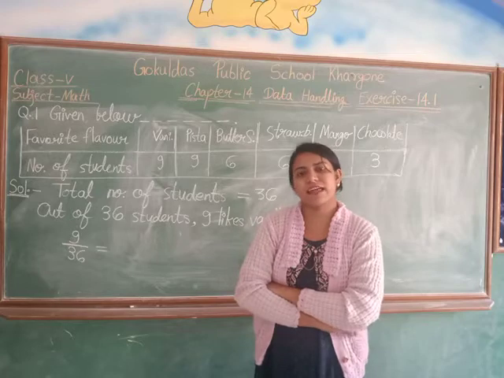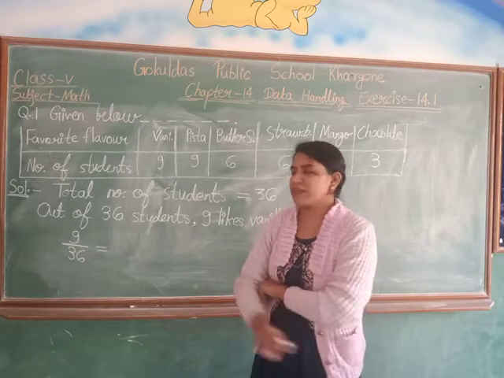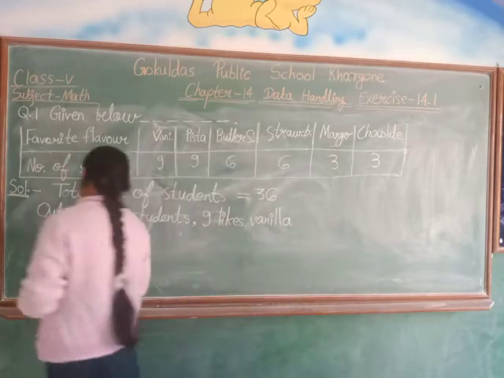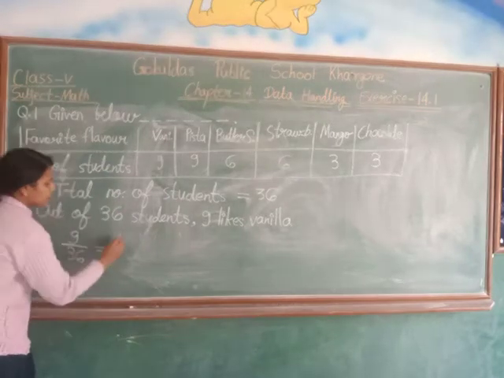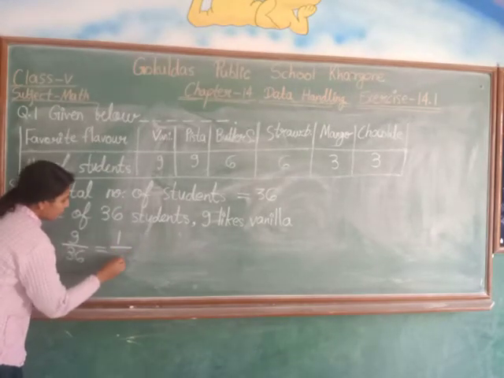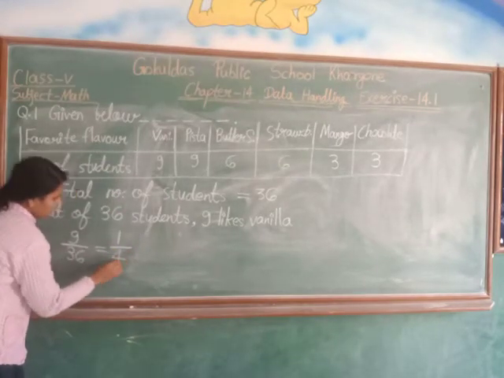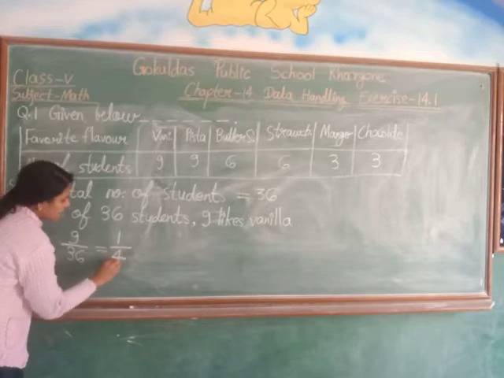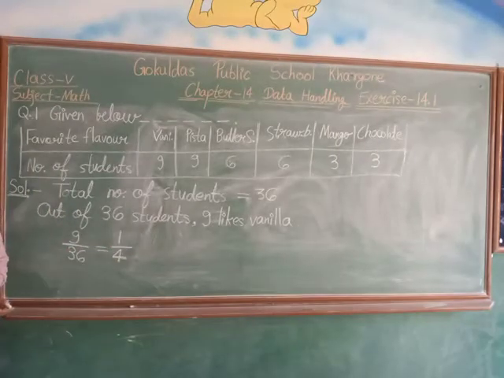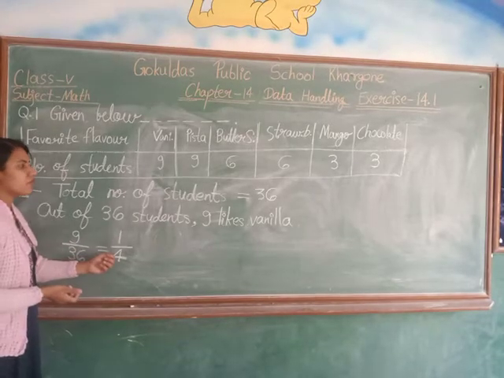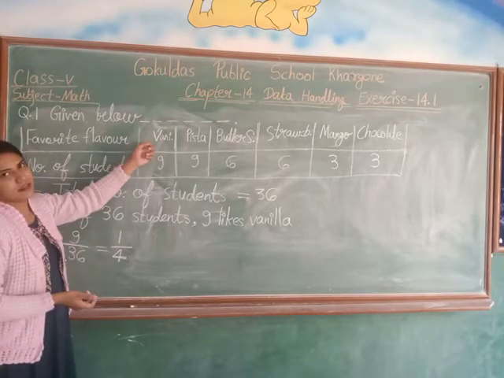If you forget, then rewatch the videos based on this topic. Okay, 9 upon 36 will be equal to 1 upon 4. This is the fraction form for vanilla ice cream.